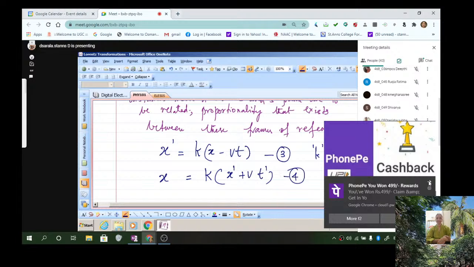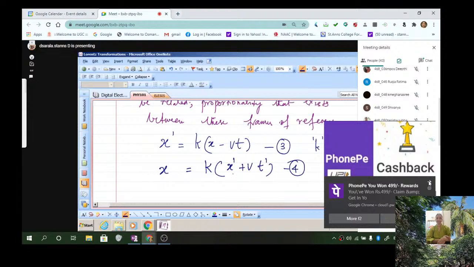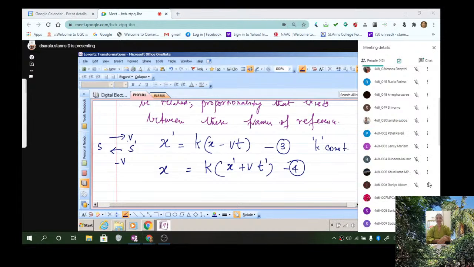Because of relative motion. So if it is according to S prime frame, this is moving to the right, but according to S frame, it is moving to the left. So minus v, plus v. So if it is moving in this direction with v, it is moving in the opposite direction with minus v. So depends on in which frame of reference you are looking at and making measurements.